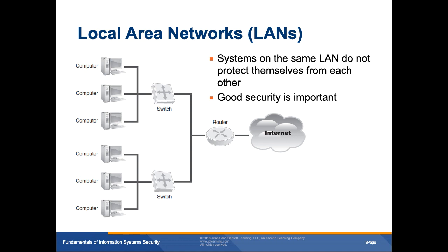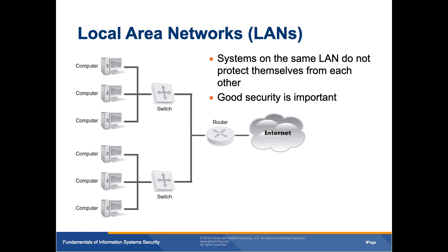Local area networks, or LANs. Systems on the same LAN do not protect themselves from each other, so good security is important, right? So you need to have them patched and updated, because the idea of a LAN is that they're interconnected and able to reach each other for the most part. Switches are fairly open, but you can create virtual networks or virtual LANs, and use the router to segment and hide certain computers.